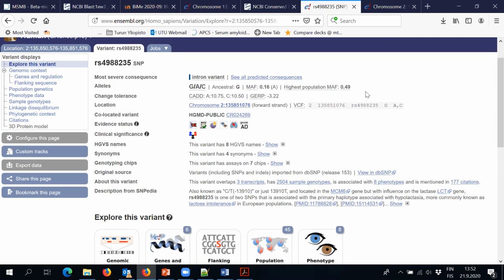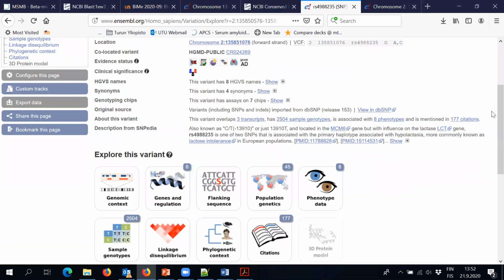And this one has multiple alleles. The ancestral one is G, and then we have a high percentage of A, and C is a minority allele. We have links to clinical significance. There's an association with, I believe, lactose intolerance, or rather lactose persistence.